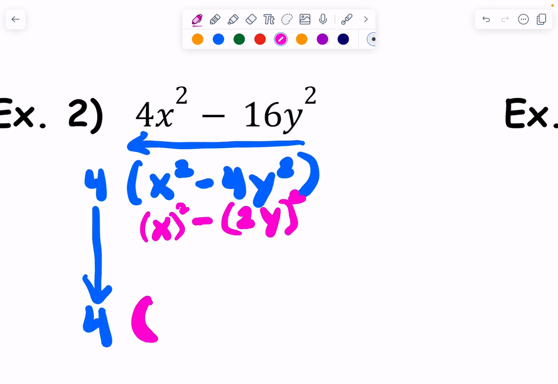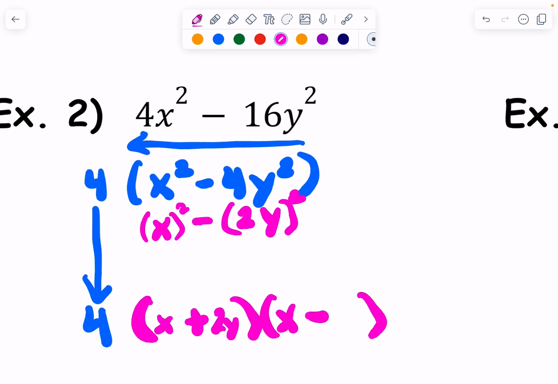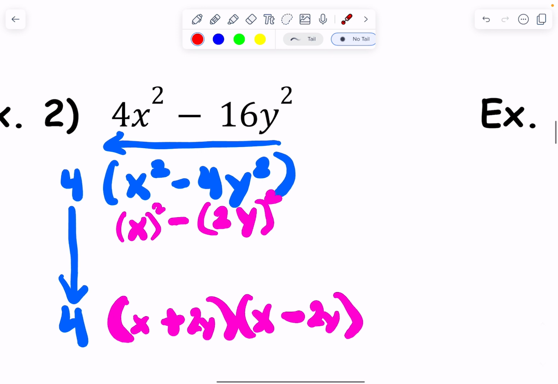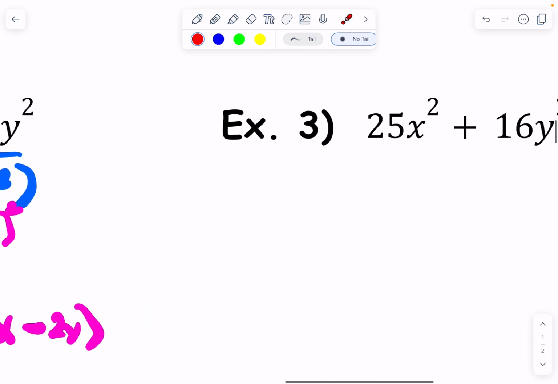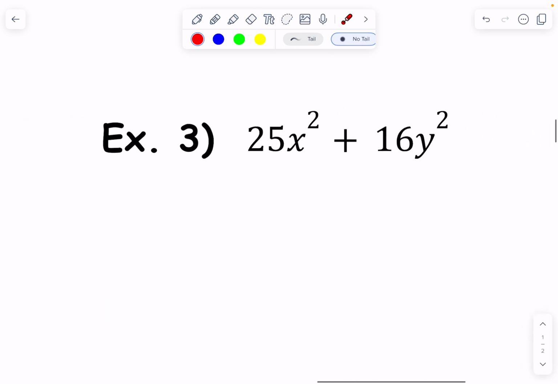So we would put our two factors down, one with a plus, one with a minus, and we would put the x first and the 2y second. Now, you can notice how we might be able to go a little bit further, but we're always going to look at the one that's the difference and see if we have perfect squares again, which in this case we do not.